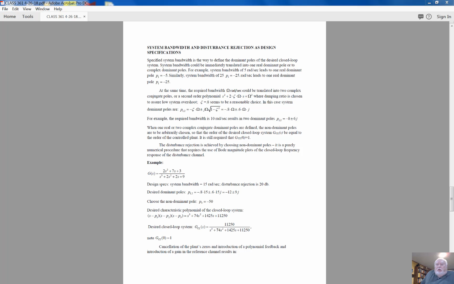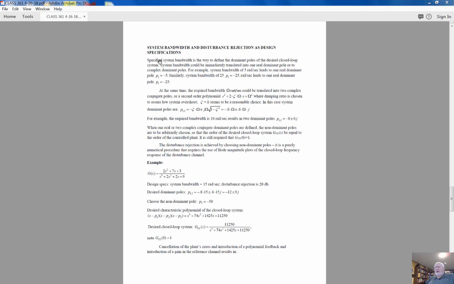And now I want to talk to you about situations when system design specifications are expressed in terms of bandwidth and disturbance rejection. You know, specified system bandwidth is effectively a way to define the dominant poles of the desired closed loop system. This is how you should look at the system bandwidth.